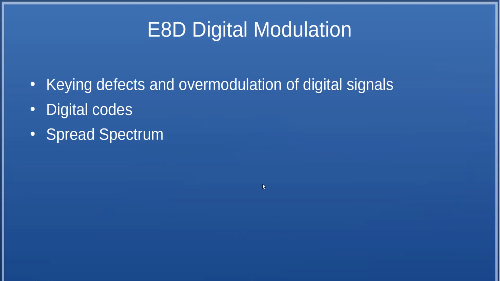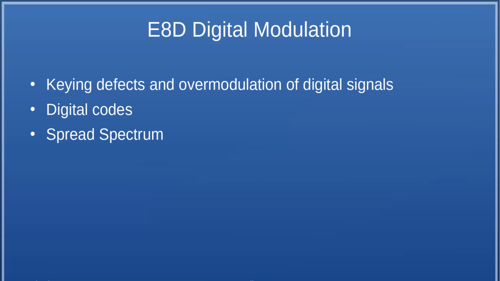We'll talk basically about different types of digital modulation. This is kind of a short one. About keying defects when you're doing CW, because what you're doing is using a square wave to modulate the carrier. And as you remember, a square wave is made up of all the odd harmonics.